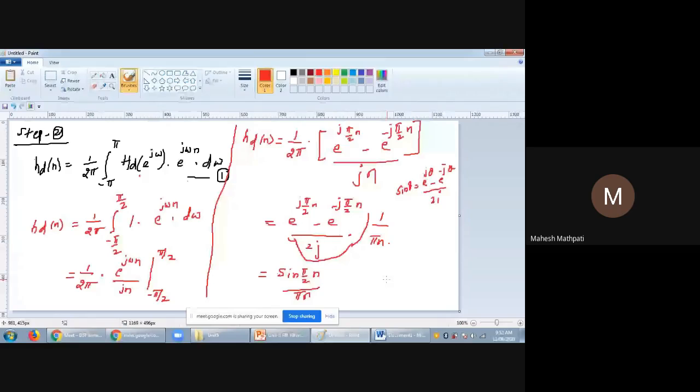So the first term is of this form. So I can write it as sin pi by 2 n divided by pi n, for minus infinity less than or equal to n less than or equal to infinity. This is the first step we need to calculate.